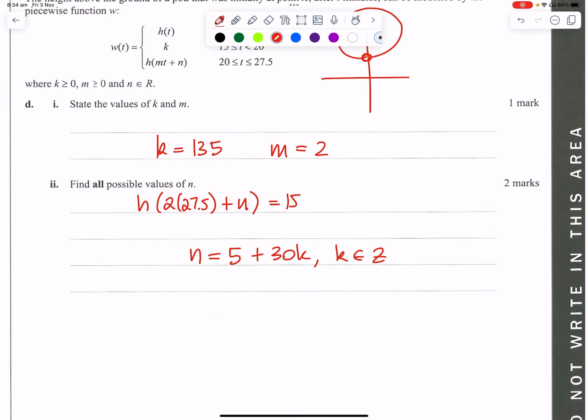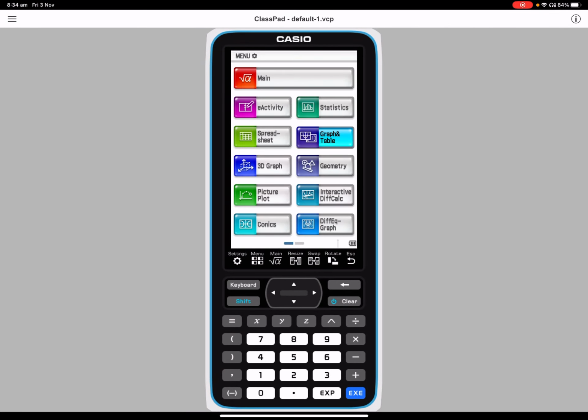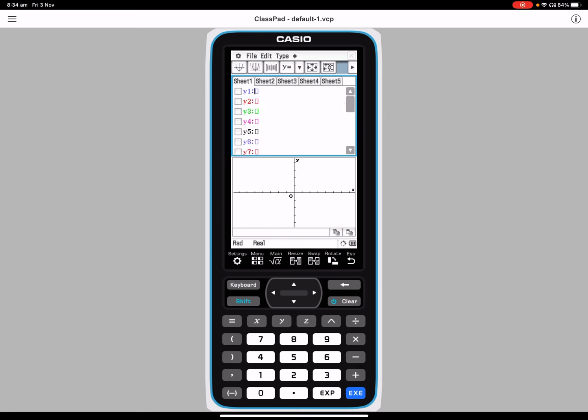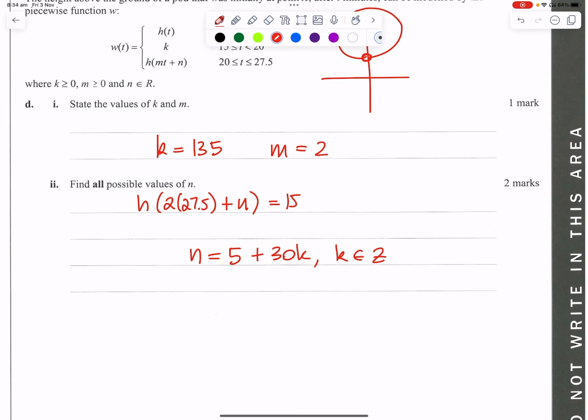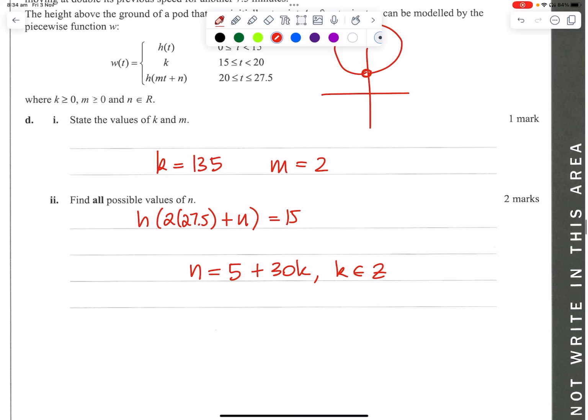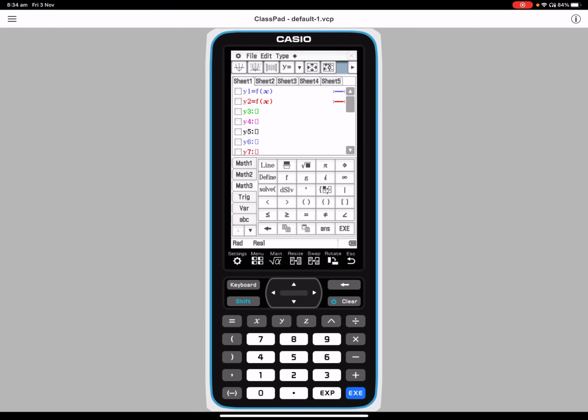So if we try that, we could sketch the graph f of x, and then we could sketch f of, if k was 0, we'd have 2x plus 5.